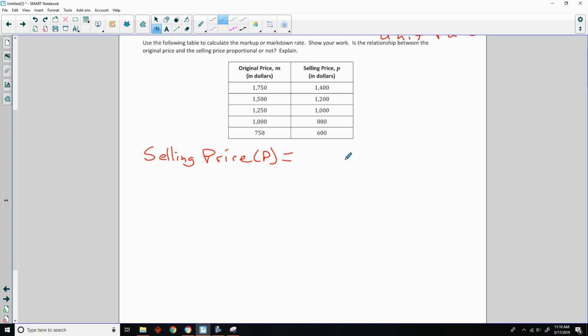P equals 100% minus our discount, our original price M, times the whole. So 100% of M minus the whole times the whole. So the selling price here is $1,400. And that equals 1 minus M times the whole, which was 1,750.